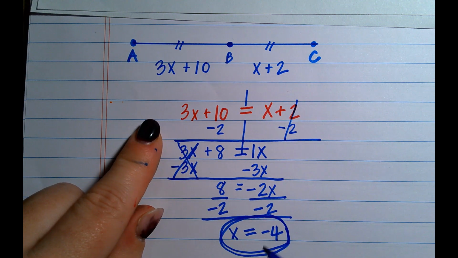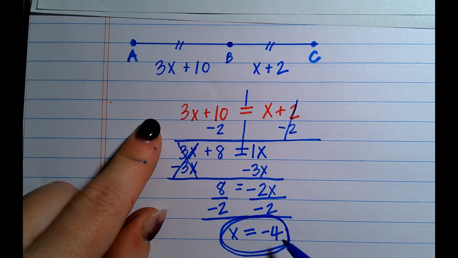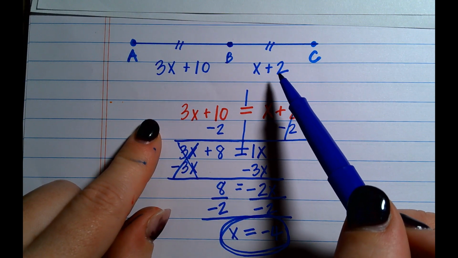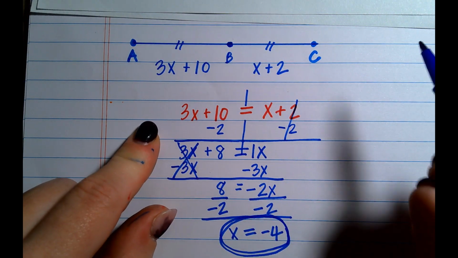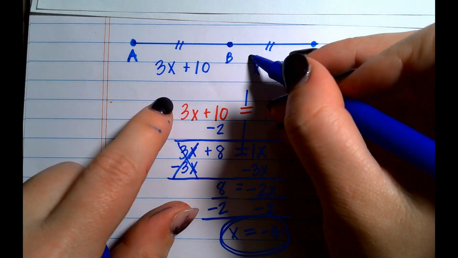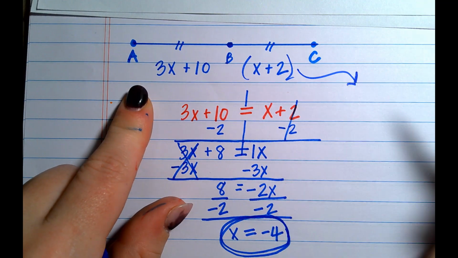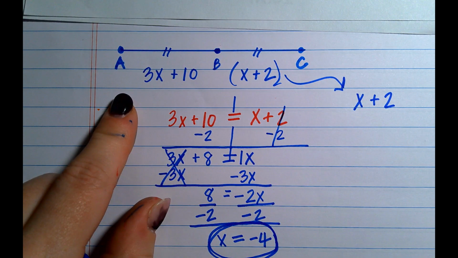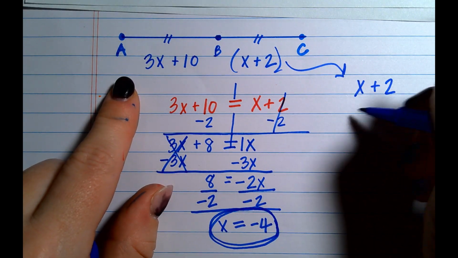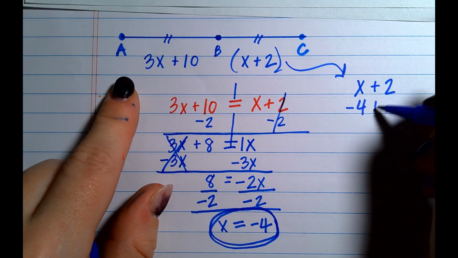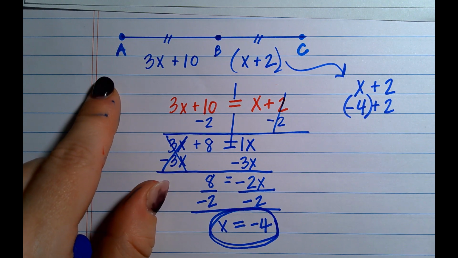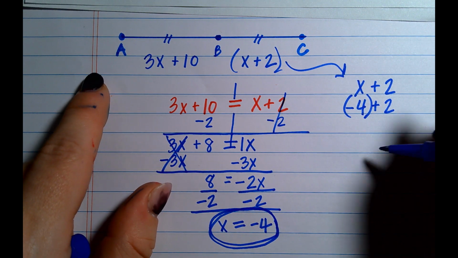So would it be easier for me to plug negative 4 into 3x plus 10 or x plus 2? X plus 2. Save yourself the work. Don't do both. Just pick one. They're the same. So I'm just going to plug that in. Instead of x plus 2, I'm going to use negative 4 plus 2. And what is that? Negative 2.